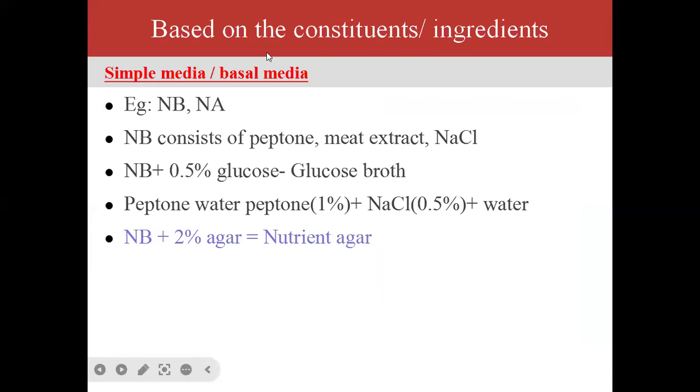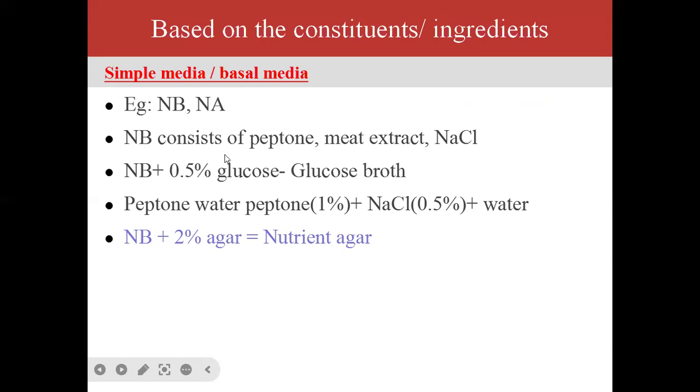Next, based upon the constituents or ingredients, they are classified into simple media and complex media, synthetic media, and special media. If you see simple media or basal media, nutrient broth and nutrient agar are examples for simple medium or basal medium.